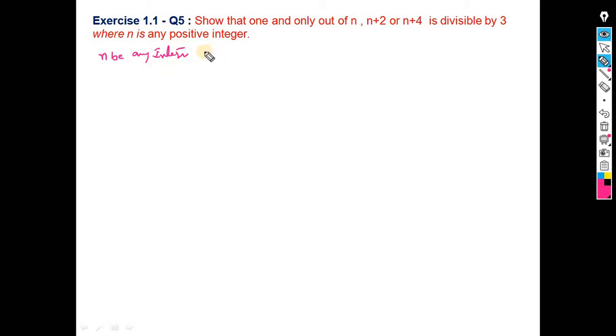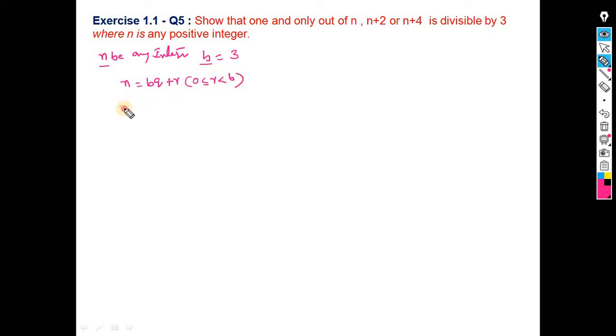Now I am going to take my b value as 3, and I am going to apply the division algorithm for n and b. That is n is equal to bq plus r, where 0 less than or equal to r less than b.